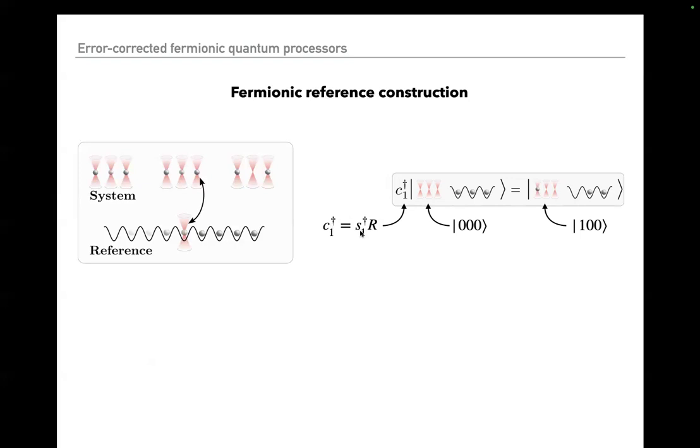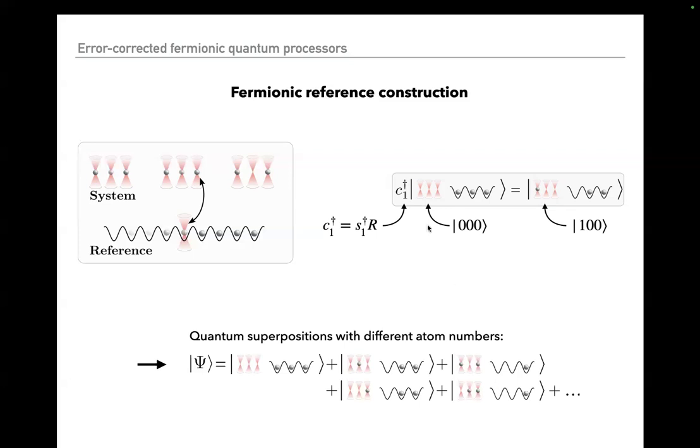Namely, it's supposed to create a fermion in this tweezer mode, and it's supposed to annihilate an atom from the reference state. It turns out that if you use the right operational definition for this R, then the C would inherit fermionic anti-commutation relations from the underlying commutation relations of the S. I will show you this in a bit more detail on the next slide.